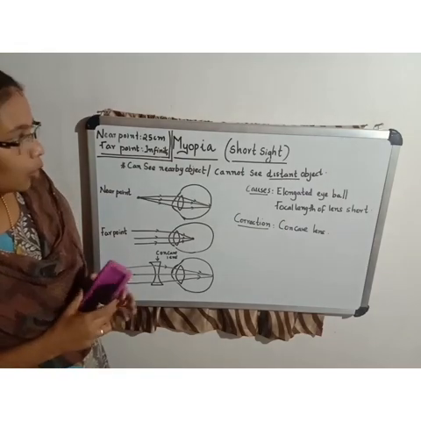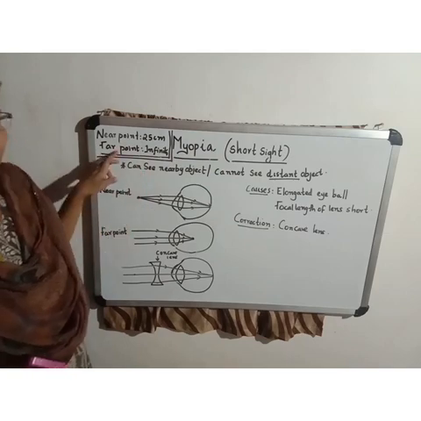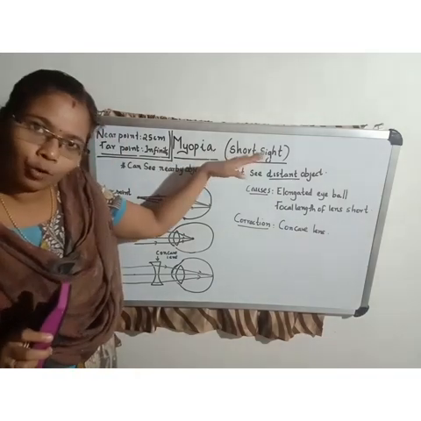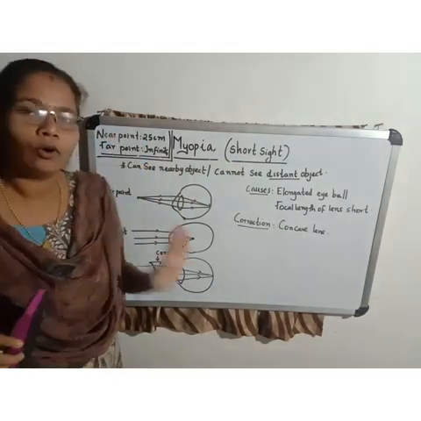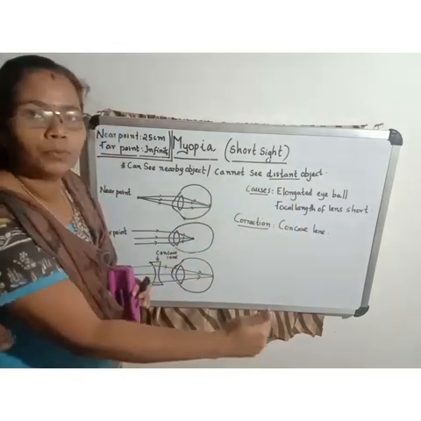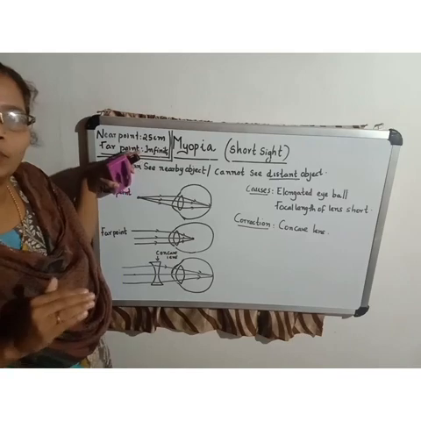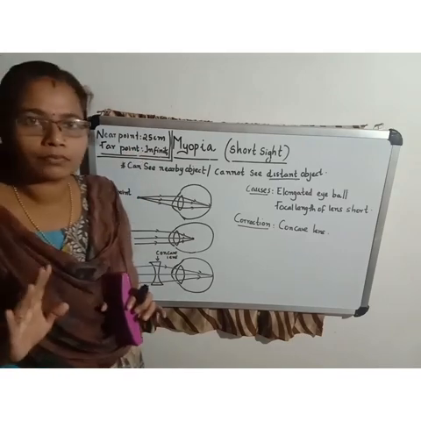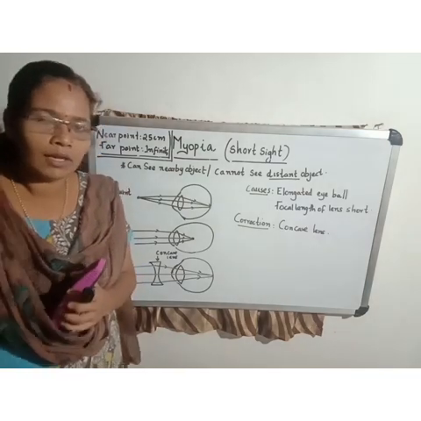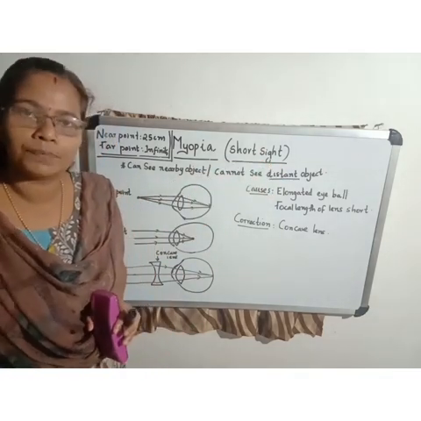So for a myopic eye, the problem is only with the far point, when looking at a distant object.